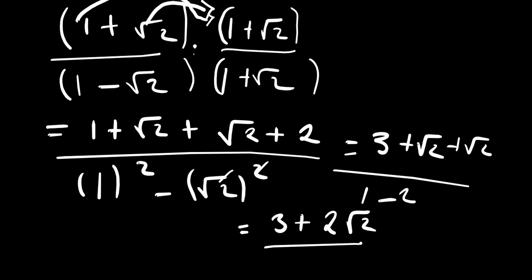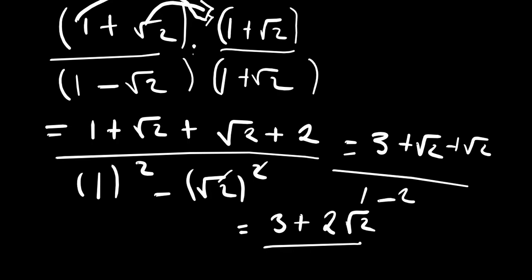This is dividing by 1 minus 2, that is negative 1. Now you're going to divide by negative 1 on top, so you have negative 3 minus 2 root 2. Okay, so this is our answer.